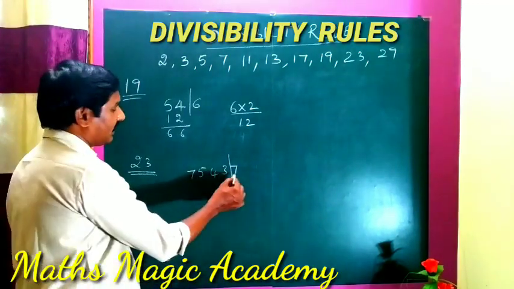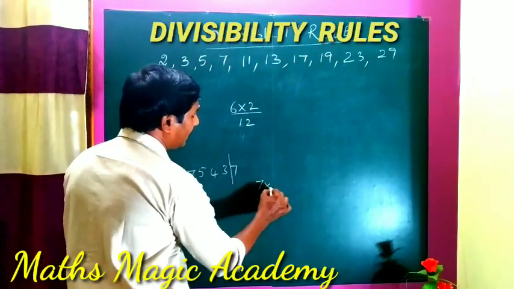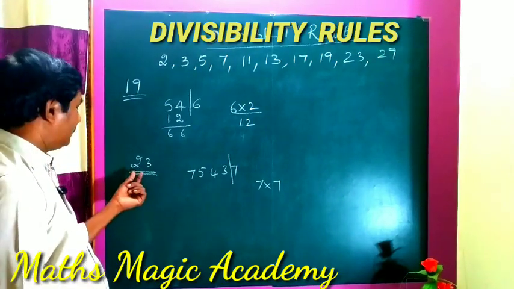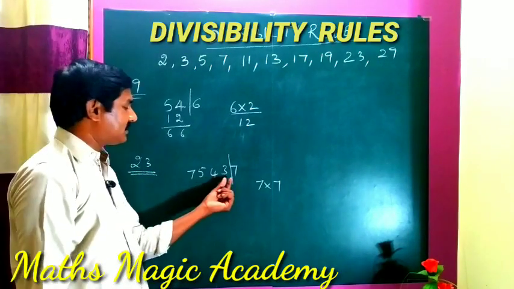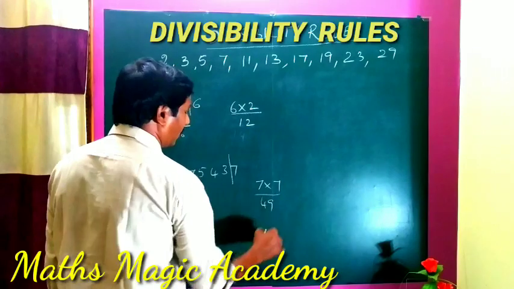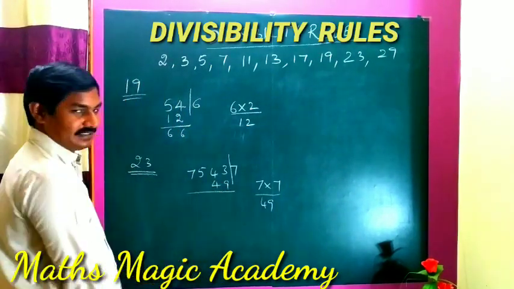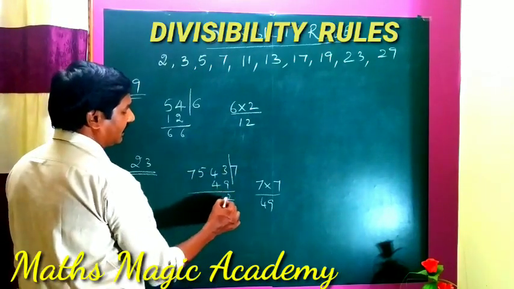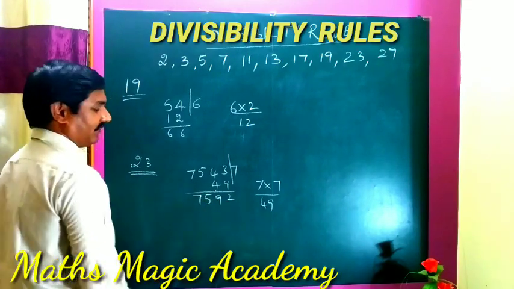The last digit is 7. While checking the divisibility rule of 23, we have to multiply the last digit by 7. 7 sevens are 49. And this 49 we have to add to the remaining digits. If we add, what are we going to get? It is 1295.